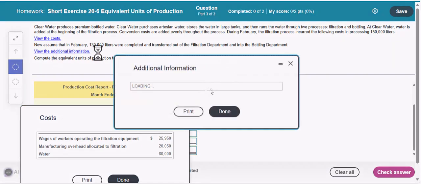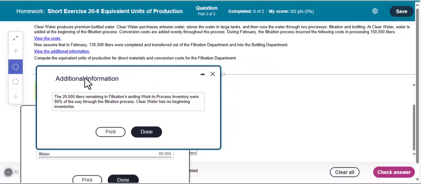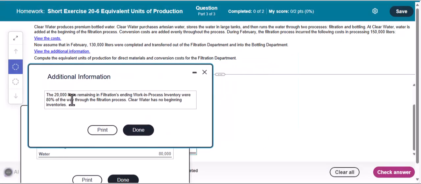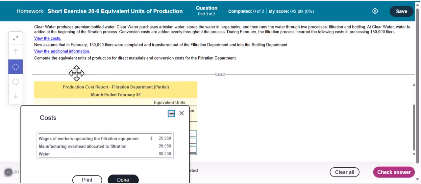There's some additional information here. It says the 20,000 liters remaining in the filtration ending work in process inventory were 80% of the way through the filtration process. Clearwater has no beginning inventories. So then our job is to compute the equivalent units of production for direct materials and conversion costs for the filtration department.